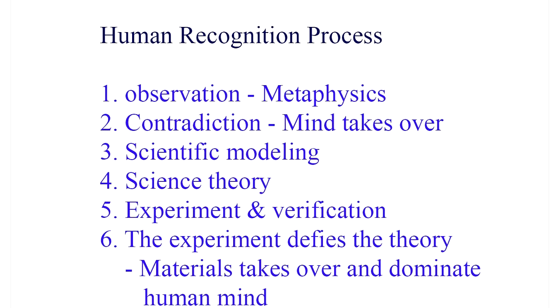This is exactly the scientific method, okay? And Darwin's theory is verified over and over everywhere. If the experiment defies the theory, material takes over and dominates the human mind.